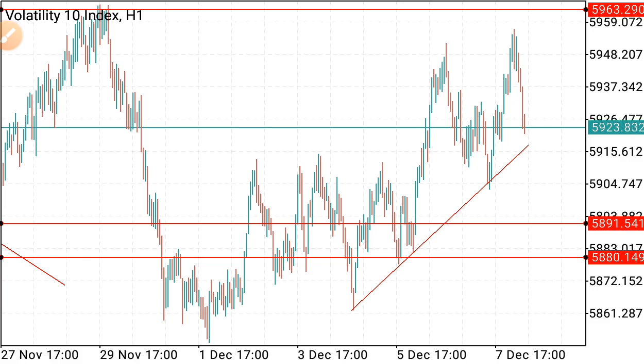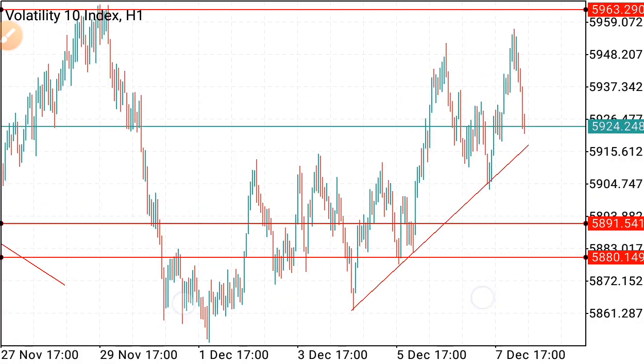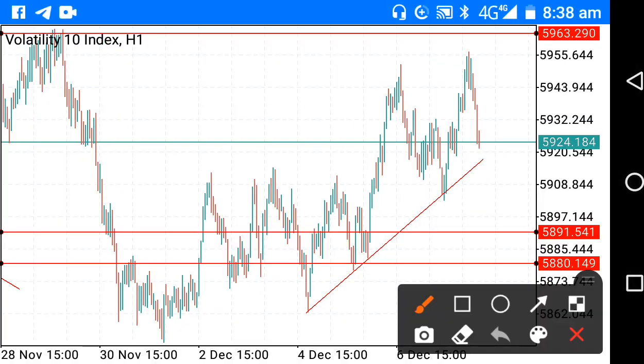Now, do you see the risk to reward ratio I was talking about? The risk to reward ratio here is more than what we can imagine. Look at this, this is the risk. How many times will this box fit in between here and here?